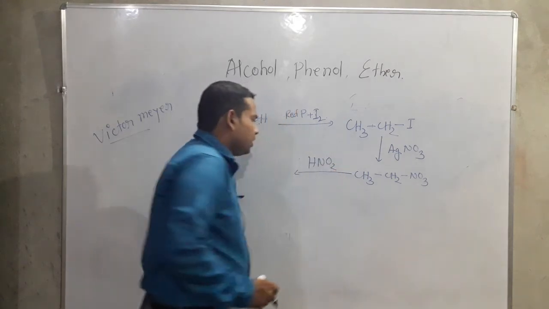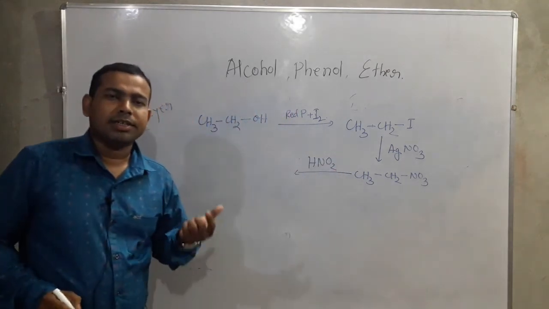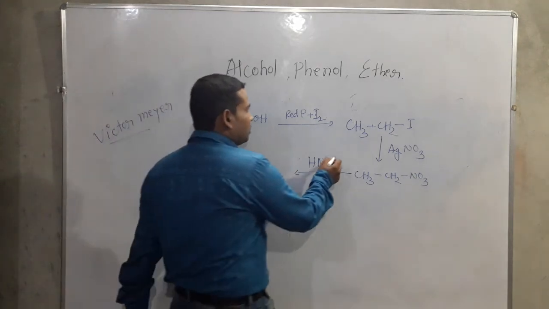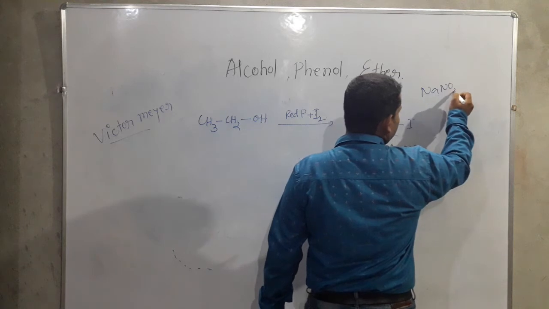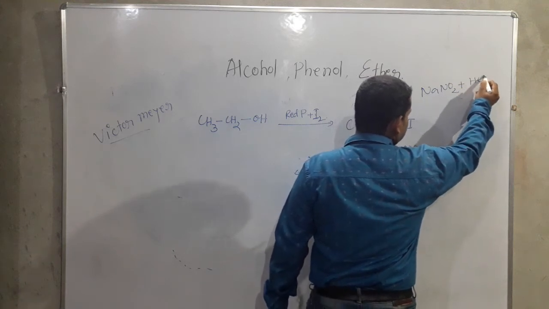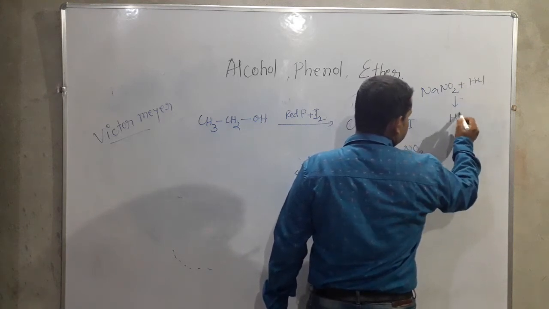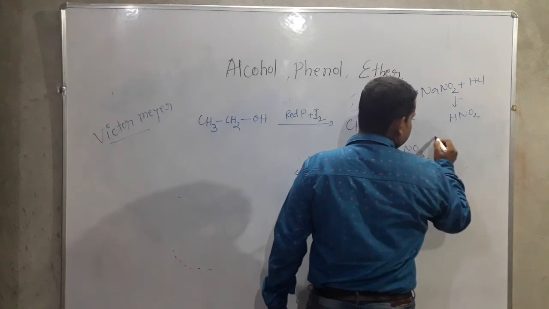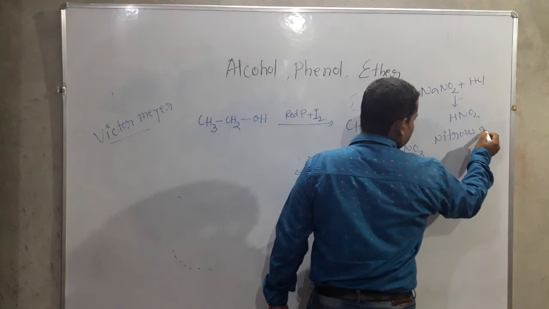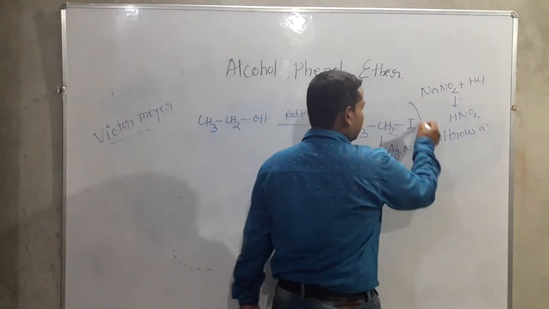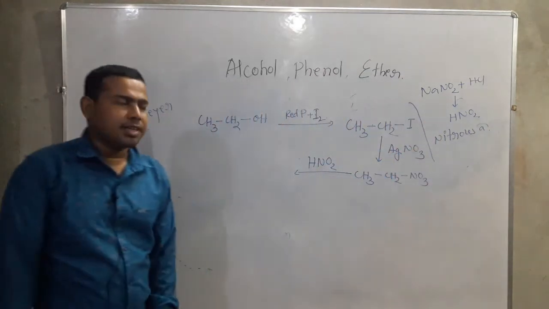Its name is nitrous acid. It is a mixture of NaNO2 plus HCl. So the solution is HNO2, nitrous acid. Clear people? This is known as nitrous acid.